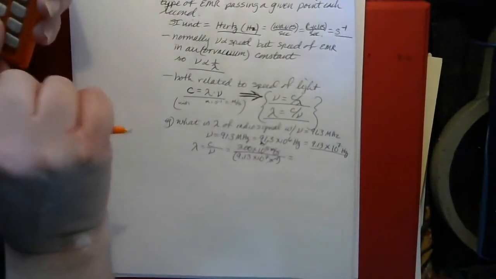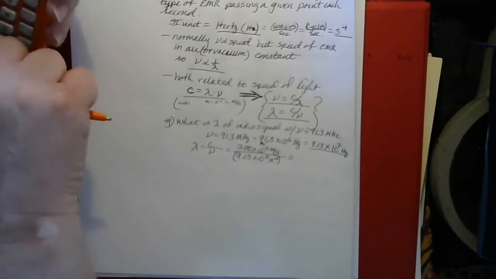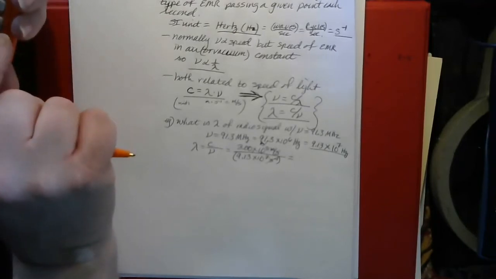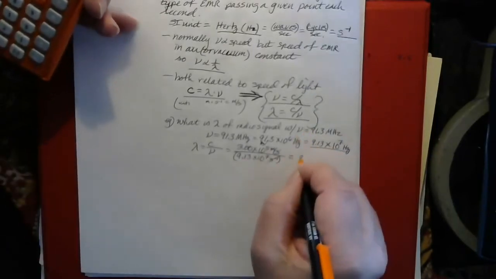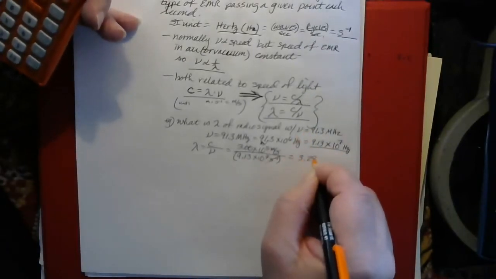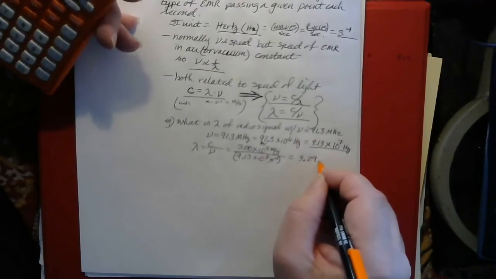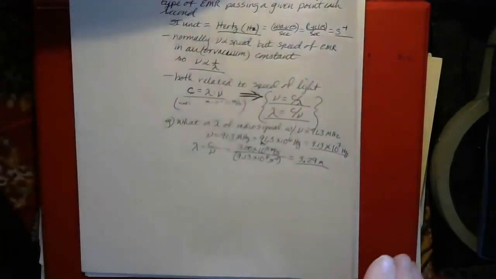So divided by parentheses, 9.13 times 10 to the 7th, those parentheses, equals 3.29 meters. That's actually the wavelength for that particular radio signal.